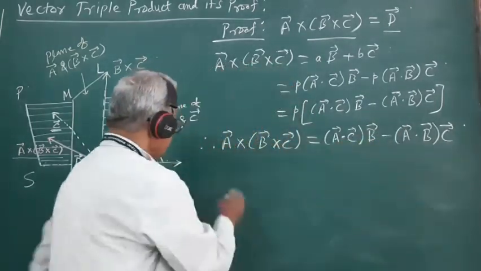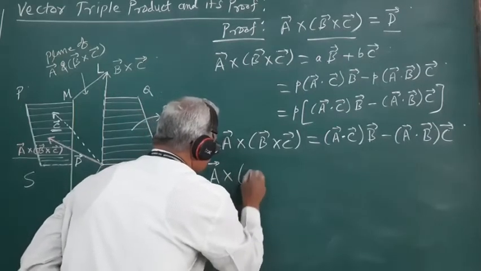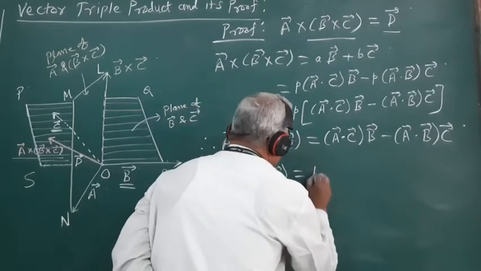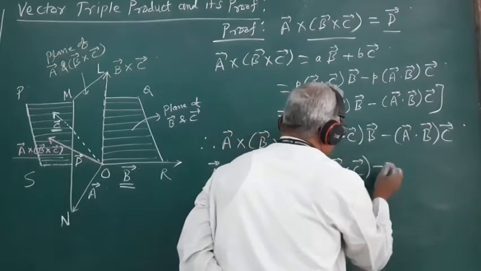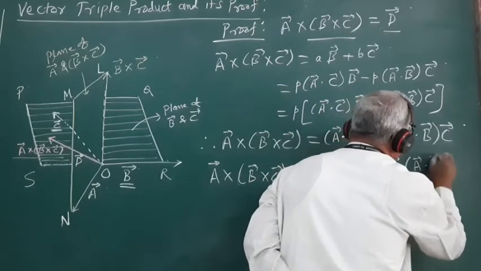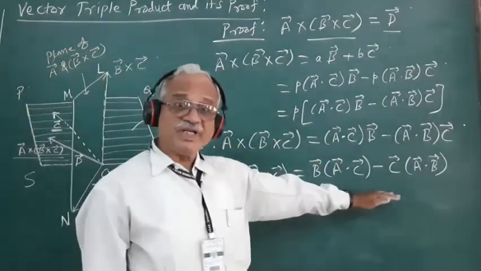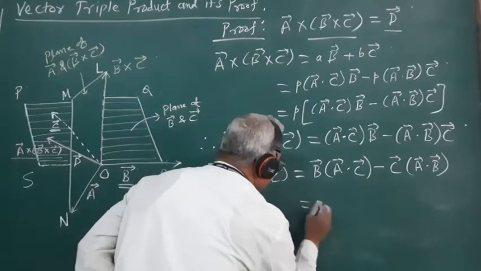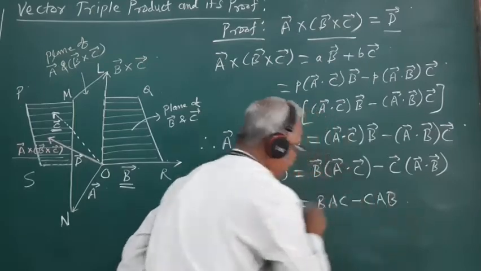Or the same expression can as well be expressed as A bar cross B bar cross C bar is equal to B bar into A bar dot C bar minus C bar into A bar dot B bar. This is more convenient to remember because it is nothing but BAC minus CAB.